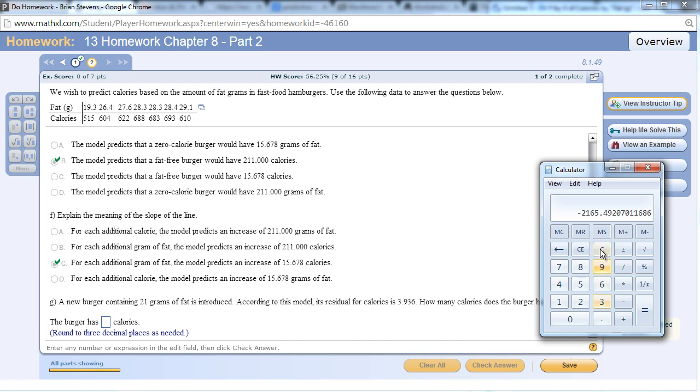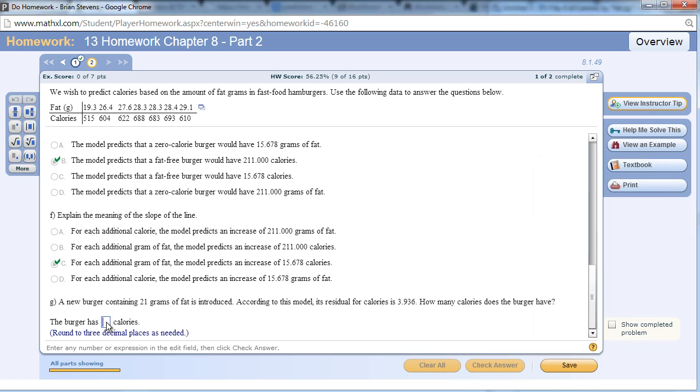I've seen people get this wrong by simply just not carrying out the decimals. So I'm carrying them all out in 3.936. And right here we get this. And let's put it in and delete down till we have 3 decimal places. And I will round up right here and we will see the right answer.